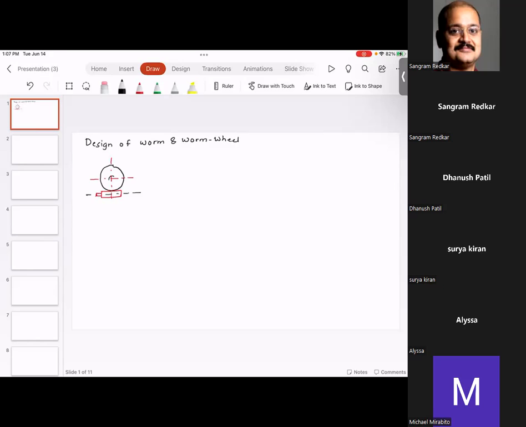If you look at the wheel shaft, which is shown over here, and the worm shaft shown at the bottom, this is called the worm, and this is called the wheel.